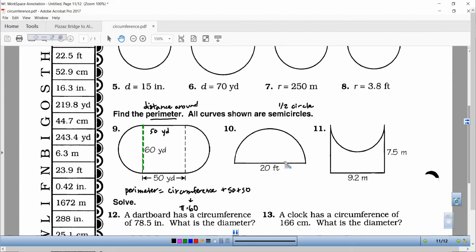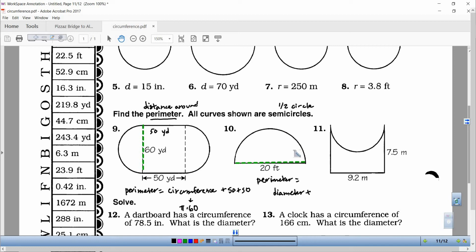All right, for this one, if you look, what do we have here? Right here, what do I have? I have a diameter, right? So the perimeter is going to equal, in this case, the diameter plus what?